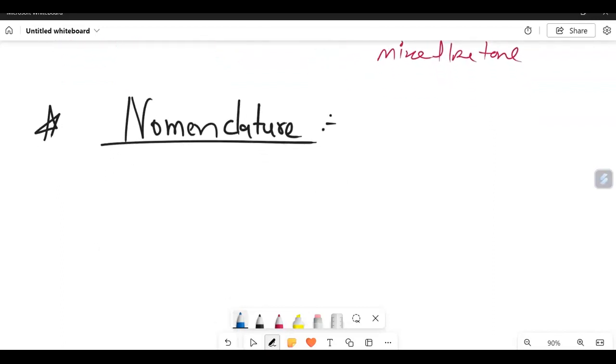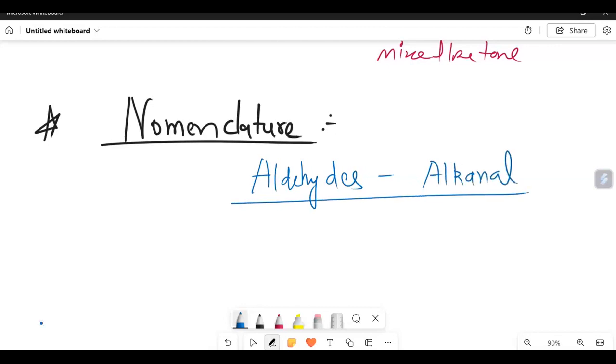Aldehydes are also called alkanals. For example, CH3CHO, that is your ethanal.